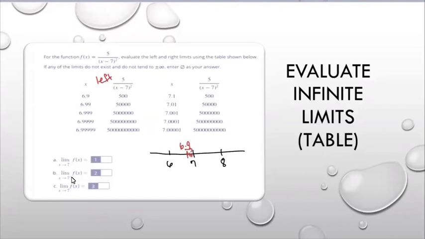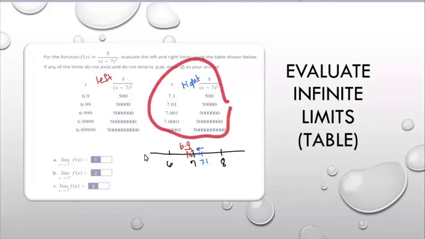On the other side, we have 7.1, and we make it smaller by adding those zeros: 7.01, 7.001, and so on. So this in here is my right. Once you have identified that, you know that you're going to use this for the left, and you're going to use this for the right, right?